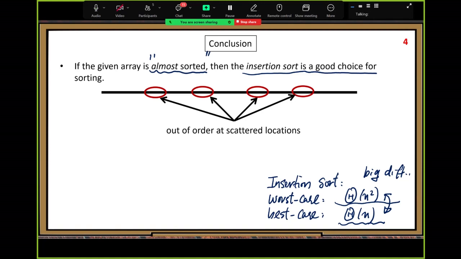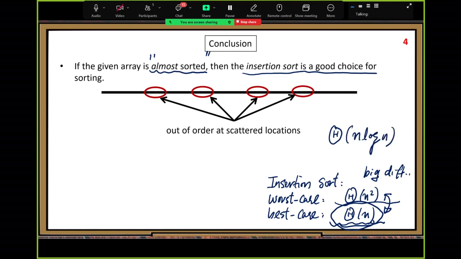If you happen to get a special situation with this property, then insertion sort is the fastest, because you only need big theta of n to get the whole array sorted. If you use any other sorting algorithm, the best you can do is big theta of n log n.